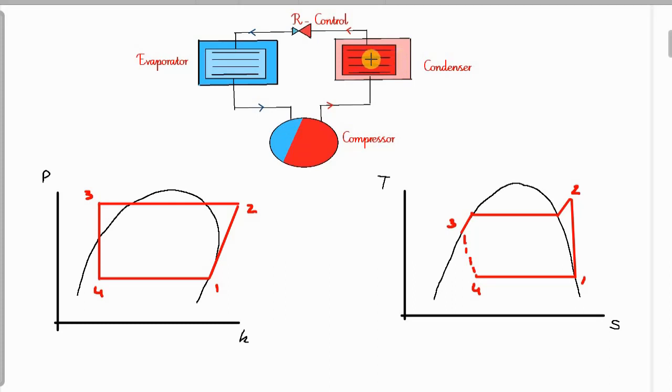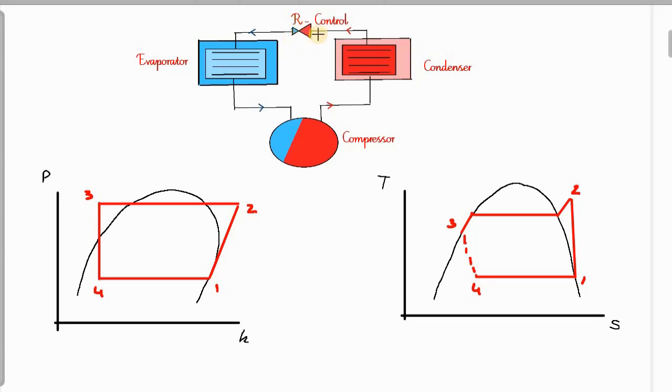Due to this heat rejection, the refrigerant is converted from vapor to liquid. So the main function of the condenser is to reject heat from the refrigerant to the atmosphere or to the cooling medium, water.